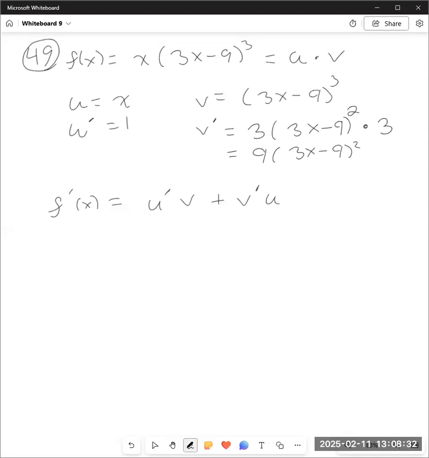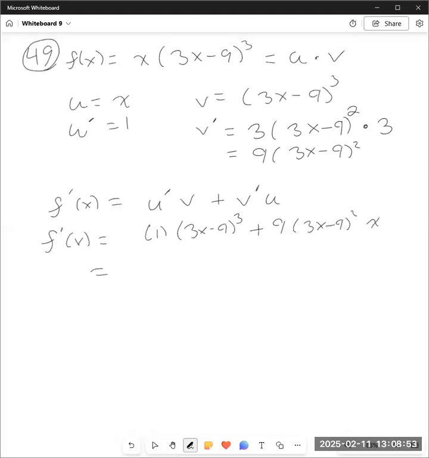So let's go ahead, and f prime of x is, my u prime here is 1, and my v is (3x minus 9) to the third, plus v prime is 9, is (3x minus 9) to the second, and my u is x.